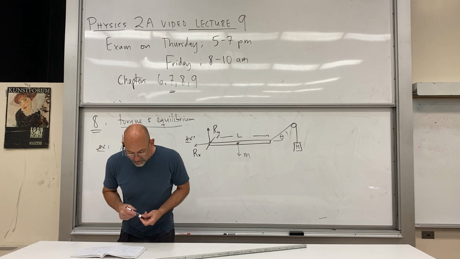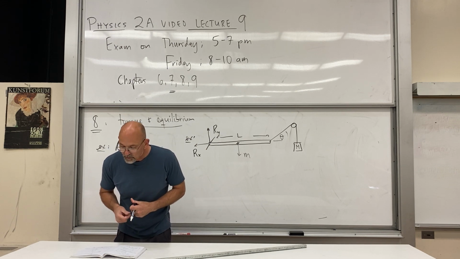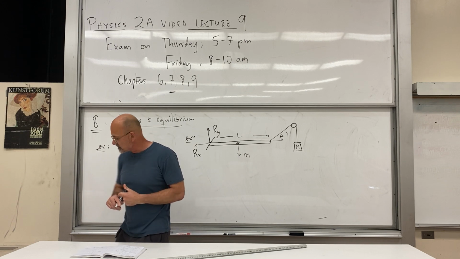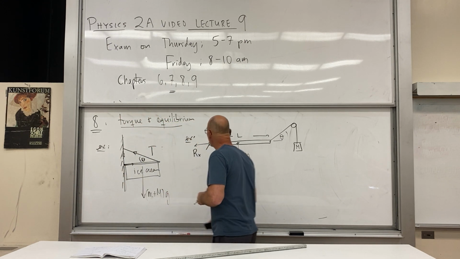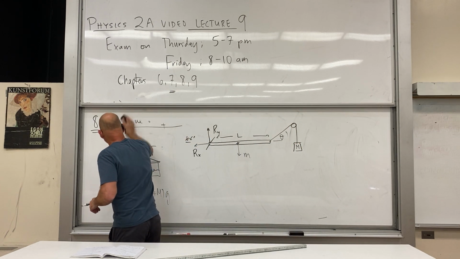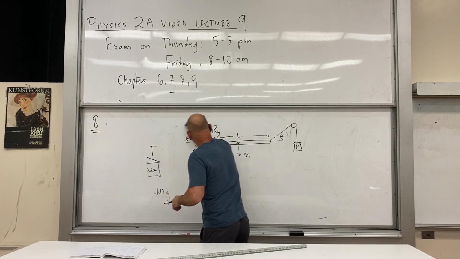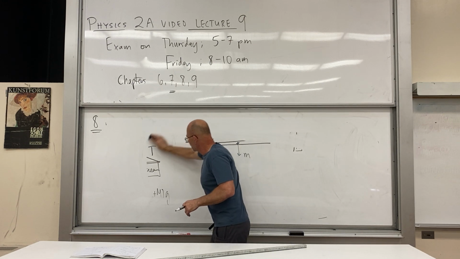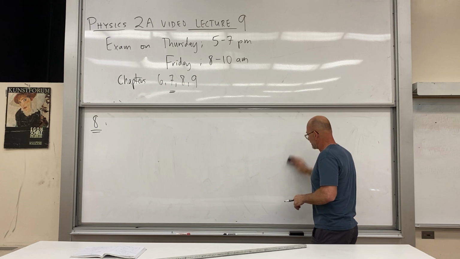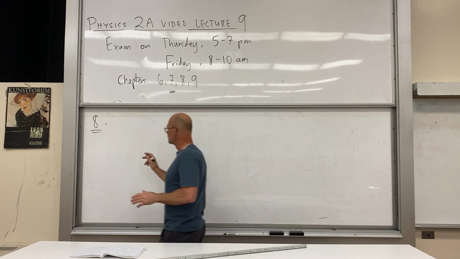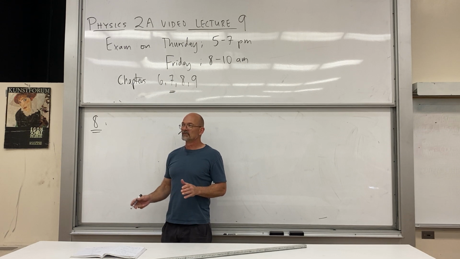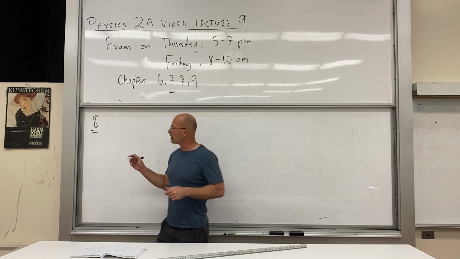What else do we have here? Now we're going to move into the rotational motion part of this. So this was the equilibrium. For the rotational motion, we first of all have this formalism that completely follows the linear formalism.